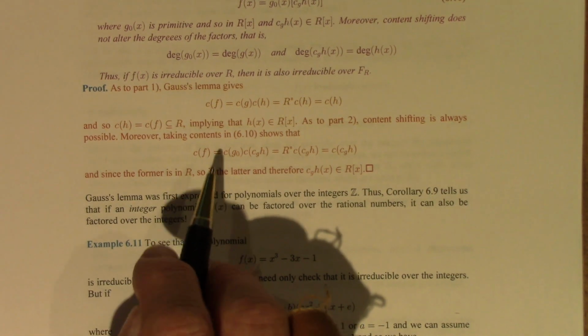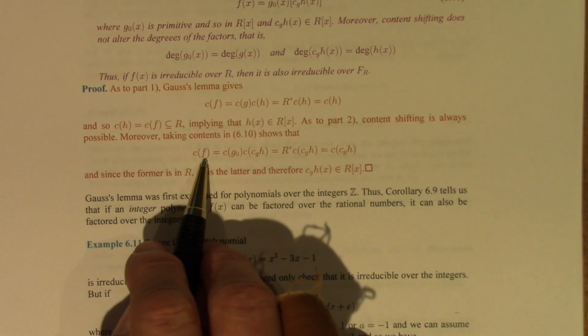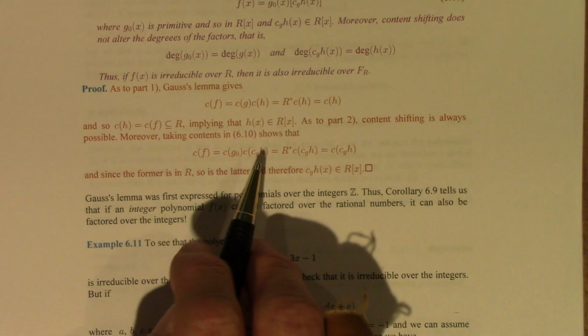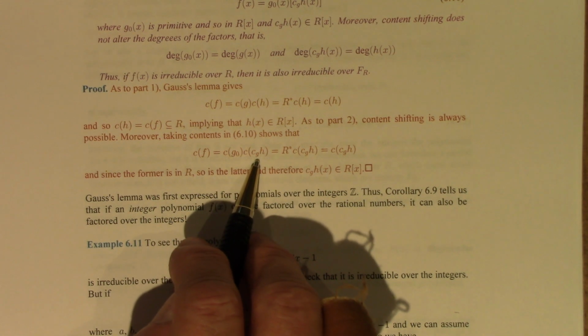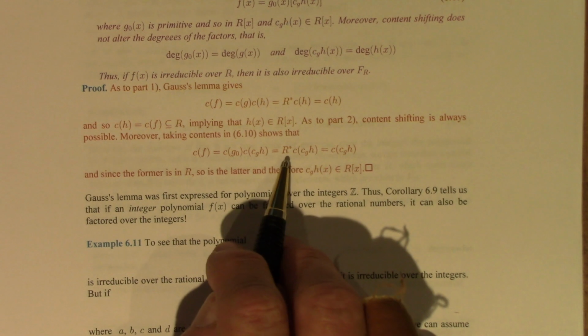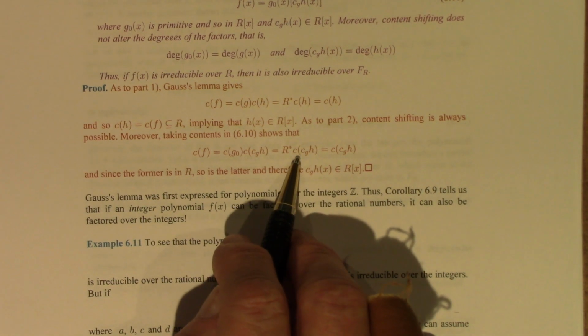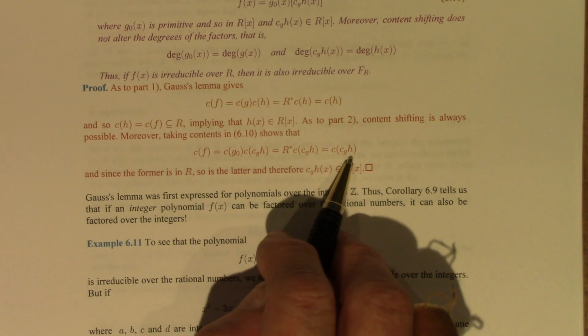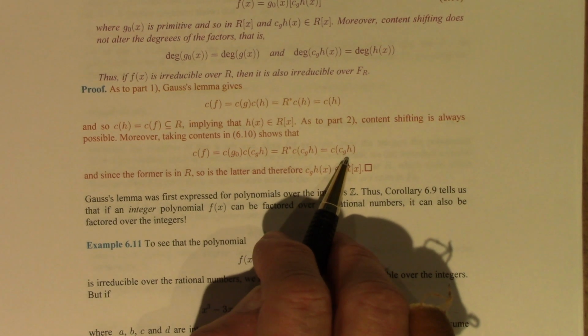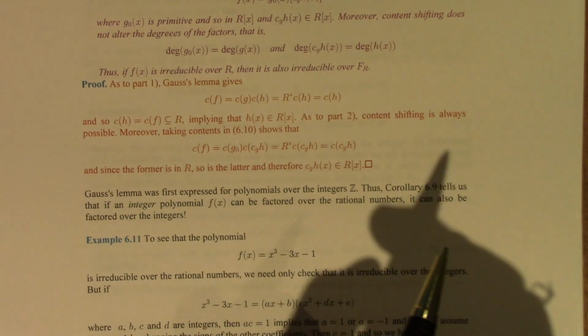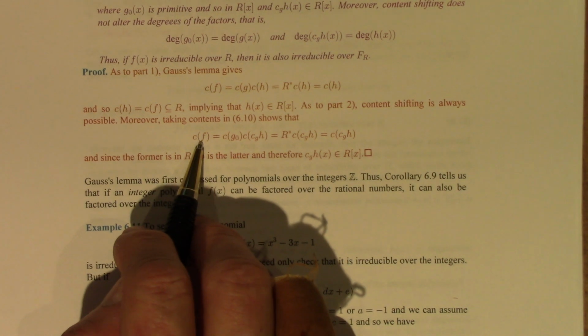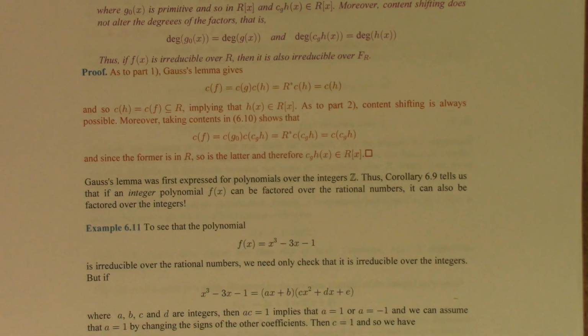But then when we take contents, content of f is content of G naught times content of C sub G H, which again is R star content of C sub G H, which is the content of C sub G H. And since this is in R, so is this.